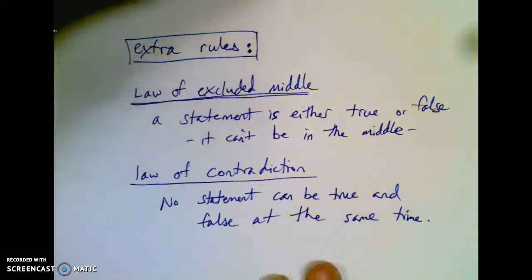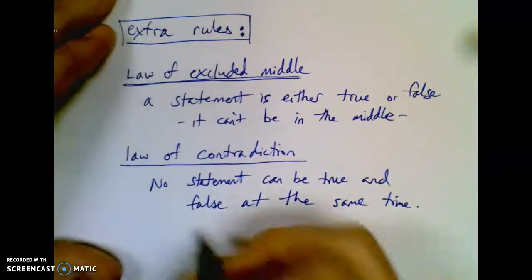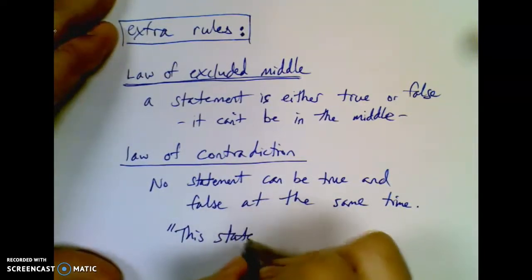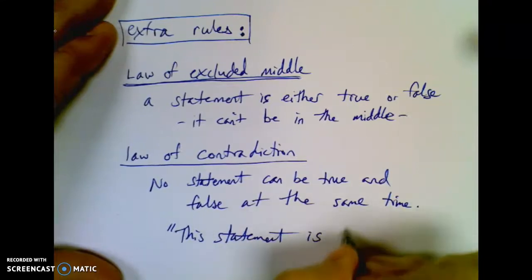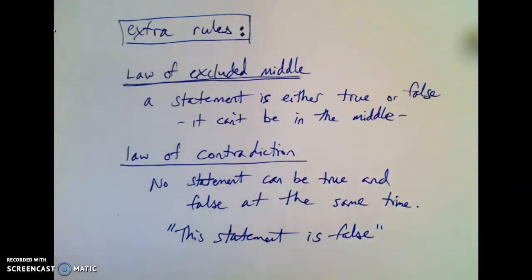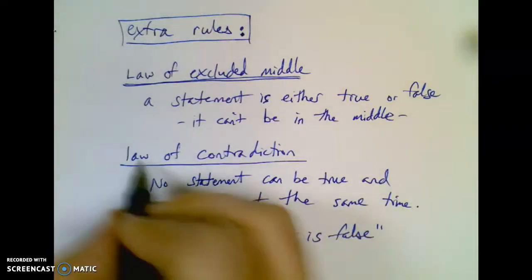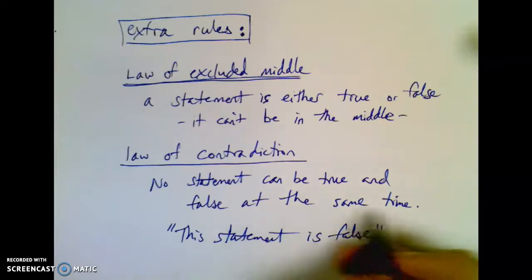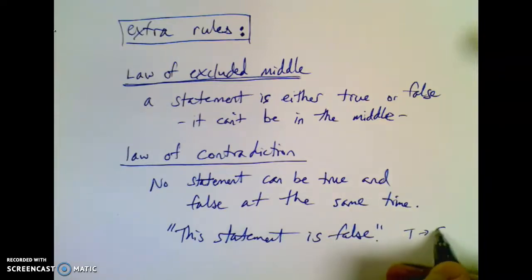And you've run into this before, I bet, if you've ever seen this statement: "This statement is false." This is an example of a contradiction, because if you believe it's a true statement, then what it says must be true, and it says it's false. So when you believe it's true, it results in a false.